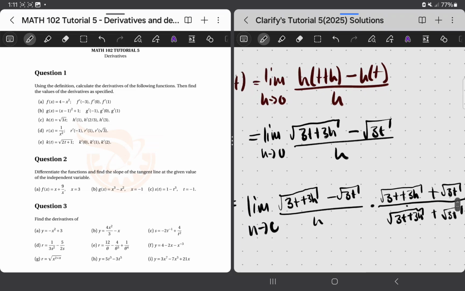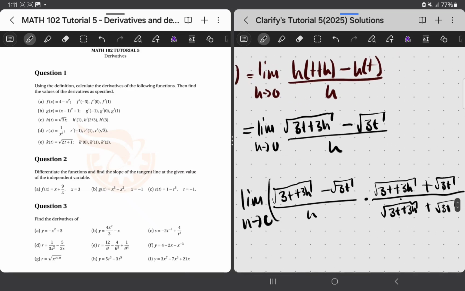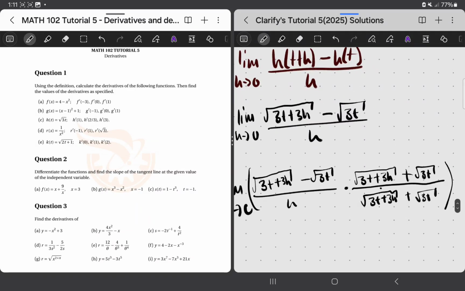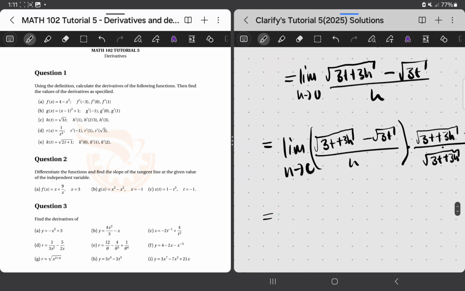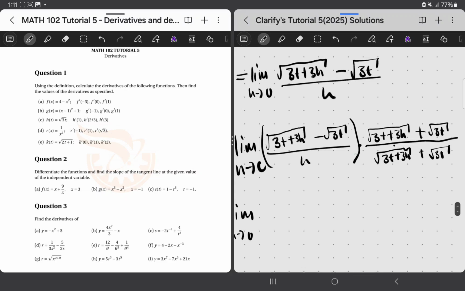Remember, you multiply the top and the bottom by the same thing. The truth is, we first multiplied it outside the limit, but the limit laws say you then put it inside the limit.